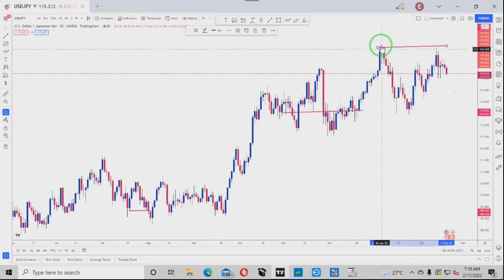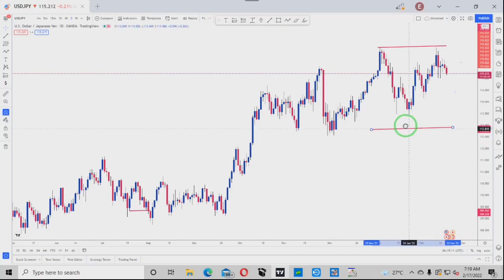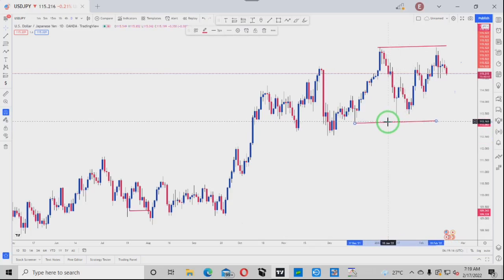Now, where is your new low? Take a look. This is your new low here. So you move your horizontal line again to that new low. All right? This is your new low. Can you see that? That is your new low.